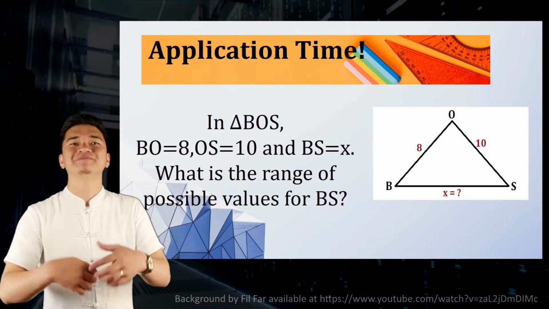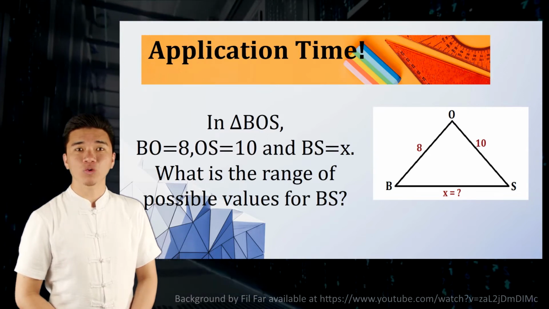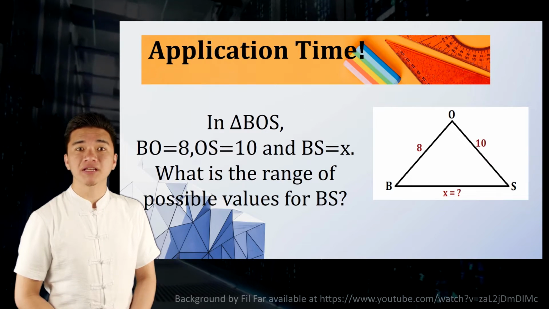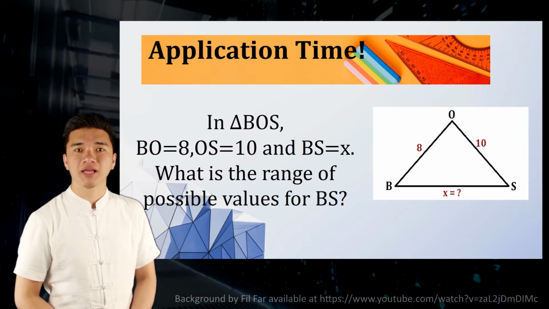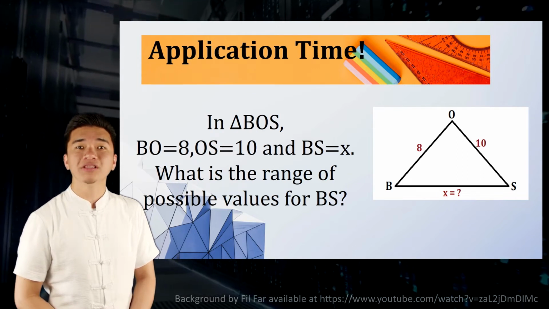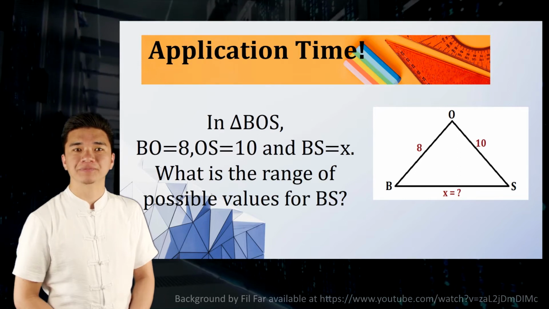Application time! In triangle BOS, side BO is equal to 8. Side OS is equal to 10. And side BS is equal to x. What is the range of possible values for side BS?